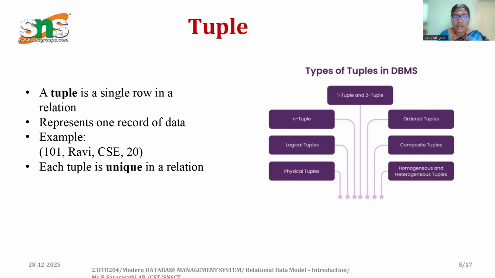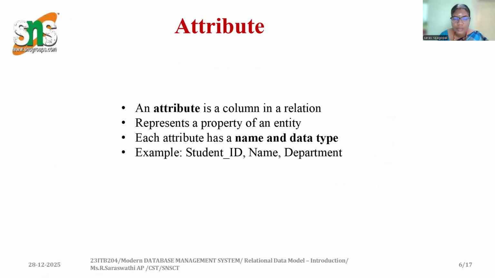These are the values in that particular student table. 101 is the roll number, Ravi is the student name, CSE is the department, and 20 is a mark. Each tuple is unique. Tuples can be ordered, unordered, n number of tuples, logical, composite, physical, homogeneous and heterogeneous tuples.